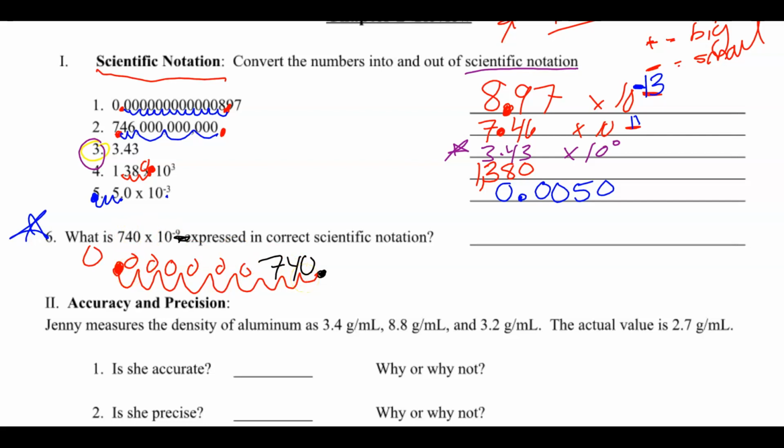Now, let's actually put the decimal in the right place. It should be right here, between the 7 and the 4. So we're going to get 7.40 times 10 to some power. Decimal's here, 1, 2, 3, 4, 5, 6, 7. 7.40 times 10 to the negative 7 is a small number.